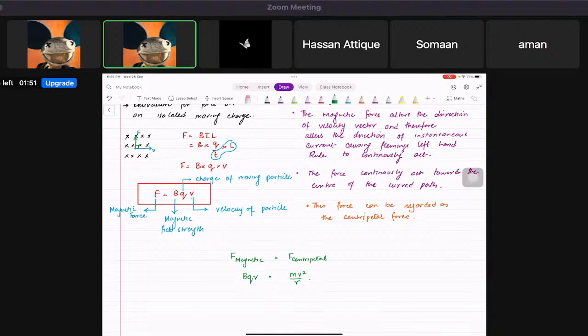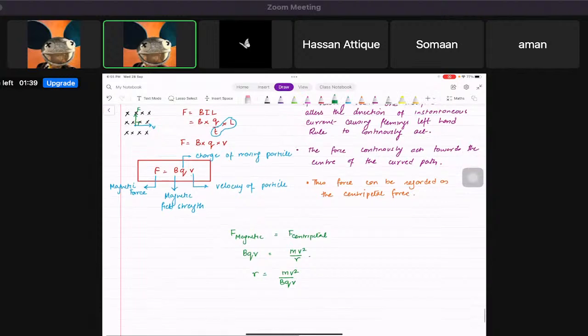Now, if I make r the subject of this equation, this will be mv squared over BQV. V and V will cancel out, which means that r will be equal to mv over BQ, and that's the best friend equation that you're going to have.